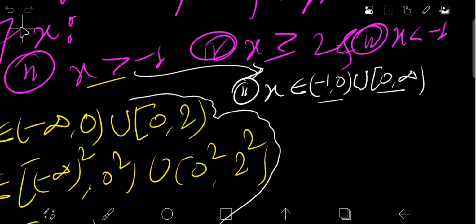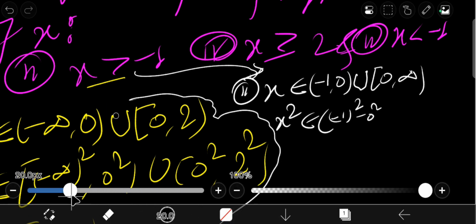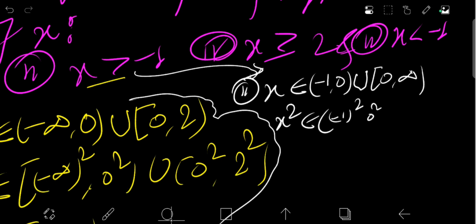Okay, so when we square this, we get minus 1 square and 0 square. Here we made one mistake: we write it with a comma, 0 square union closed interval 0 square and plus infinity square.